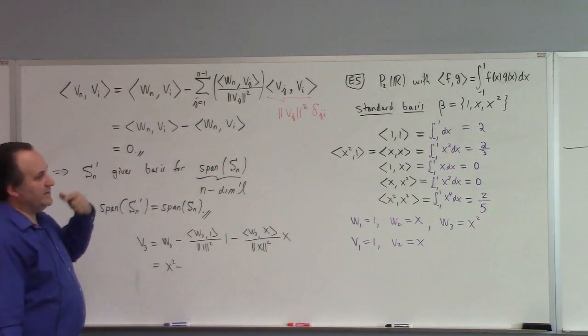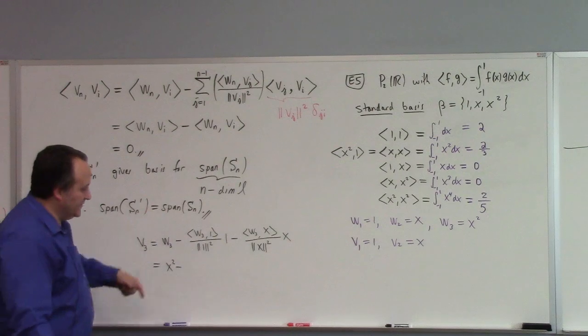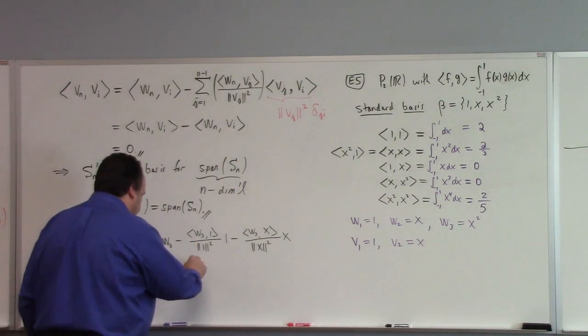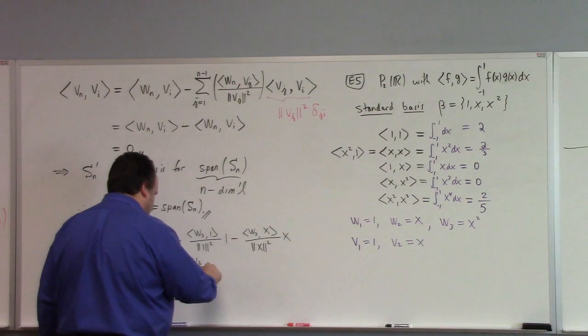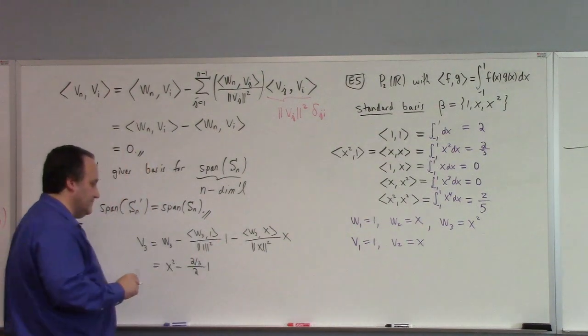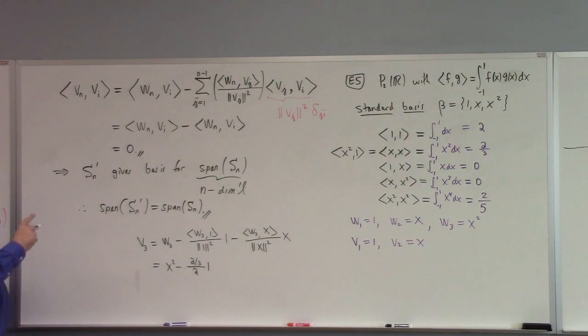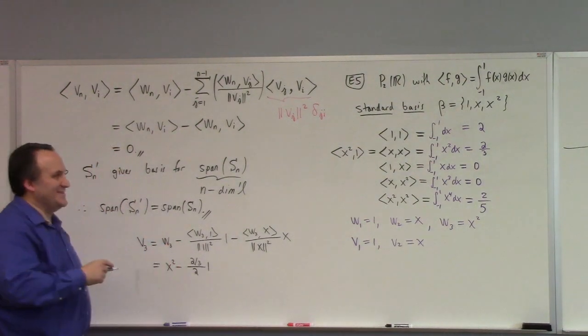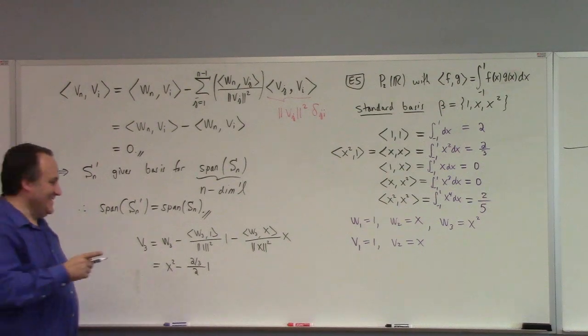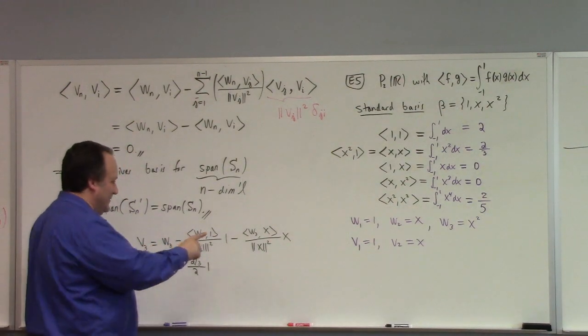So x squared with 1 gives us 2/3, divided by, well, 2 times 1. The length of 1 is the square root of 2, but it's the length squared down there. That is kind of messed up, isn't it? Yeah, good point.